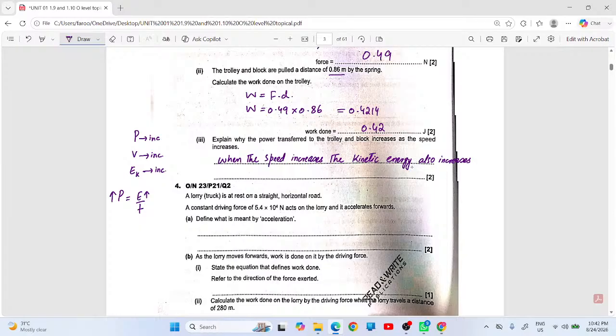And what will that lead to? Power is directly proportional to the energy. Power depends on the energy.